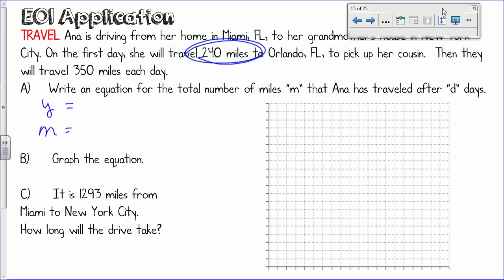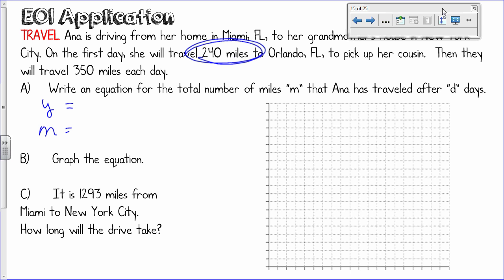What goes in front of it? What's the rate? How much are we driving per day? 350, so that's going to go where? 350x. Or, I'm sorry, 350D. We've already traveled 240, right?